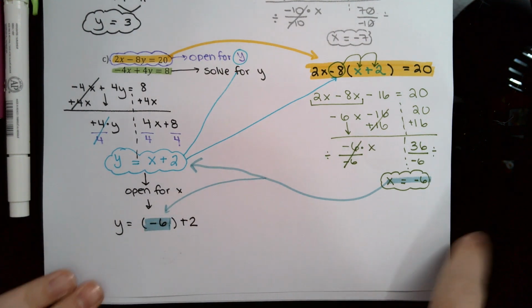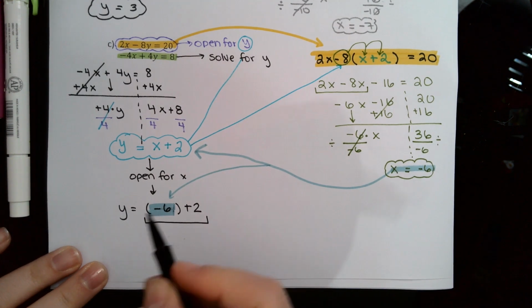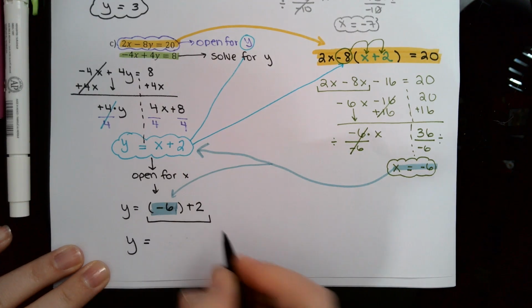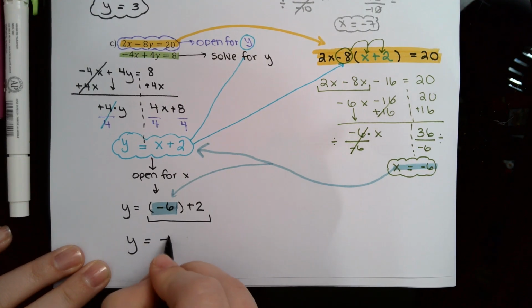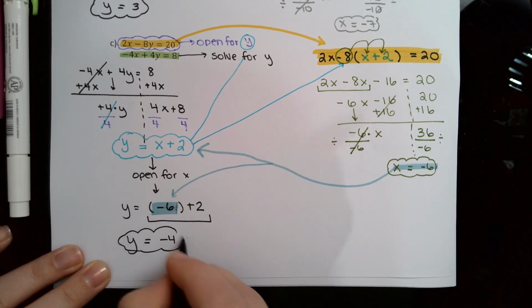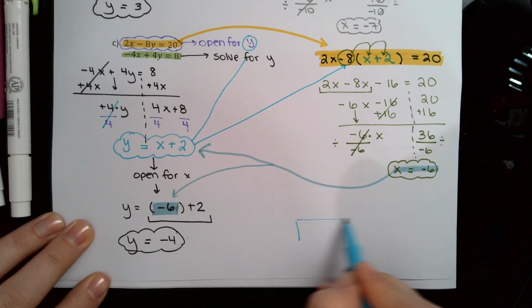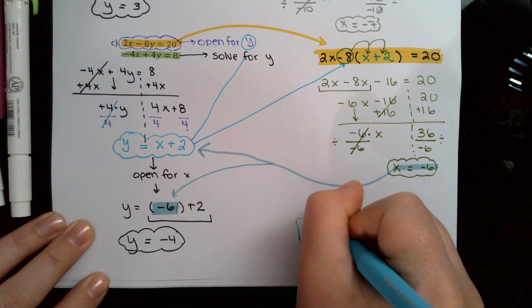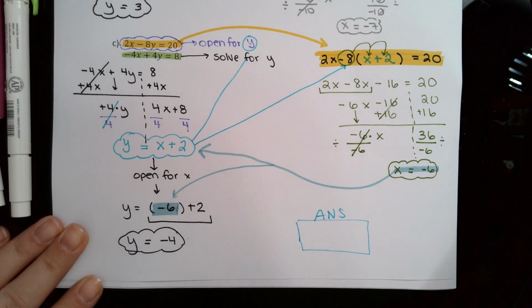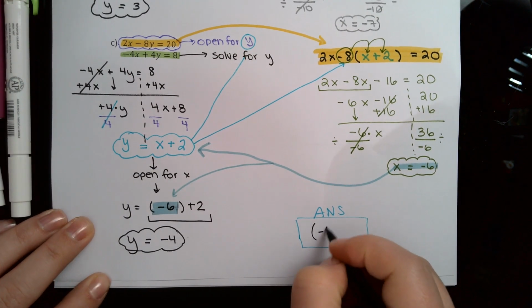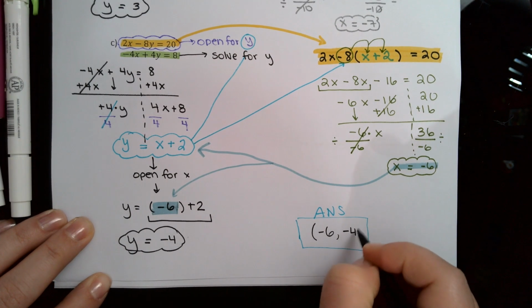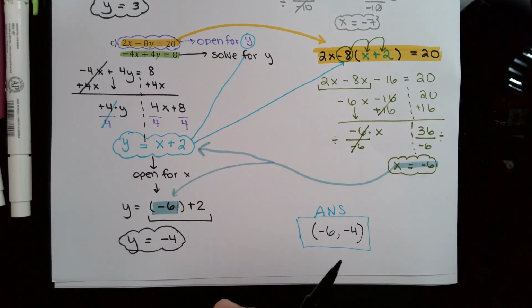Now, since we already have a y equals, I can just type this into the calculator and get negative 6 plus 2, which is a negative 4. Now that we have both our x and our y values, we can go ahead and write our answer box. Writing out our answer of open negative 6, comma, negative 4, close it.